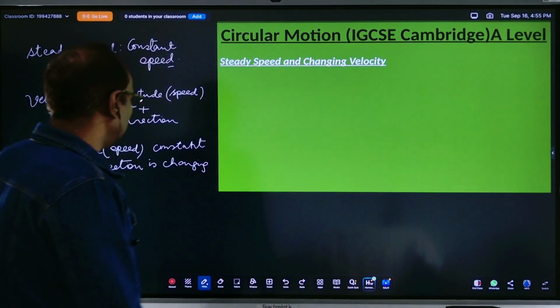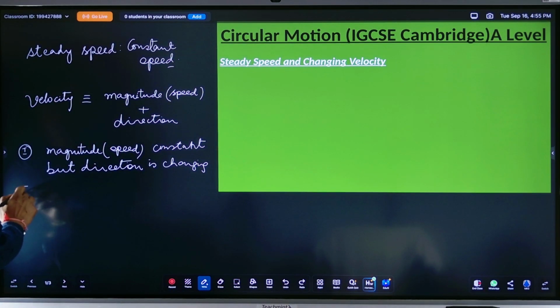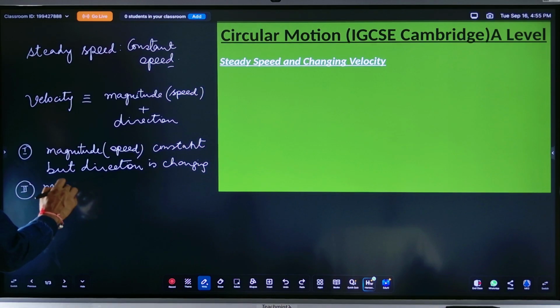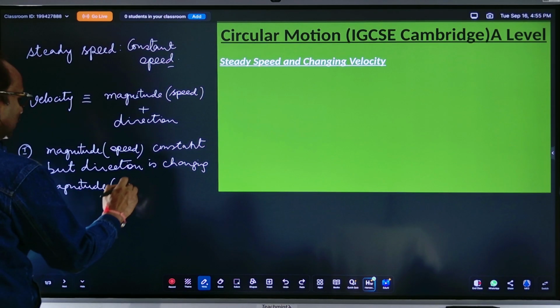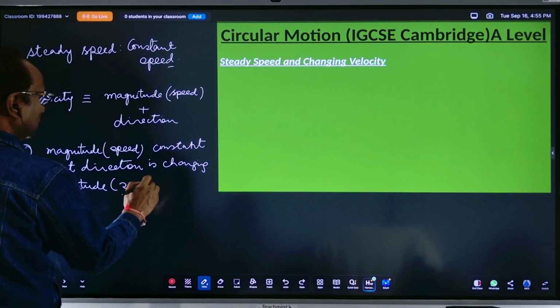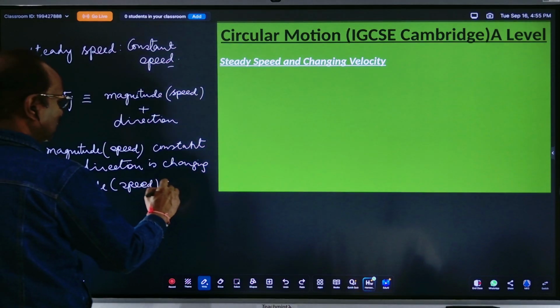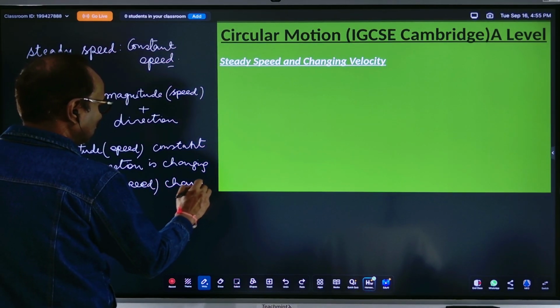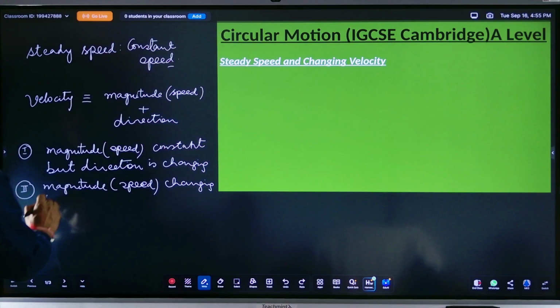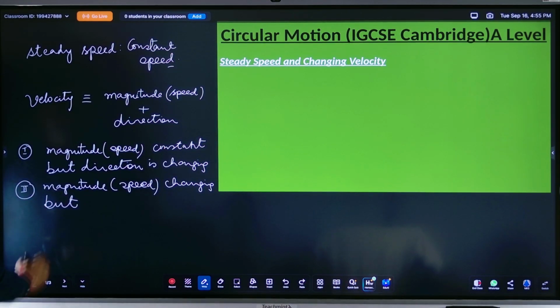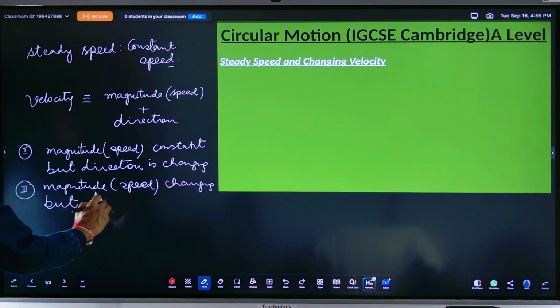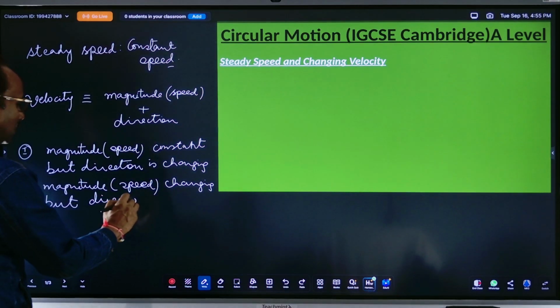That is first case. Second case, the magnitude, that is the speed, changing, but direction is constant, means not changing.